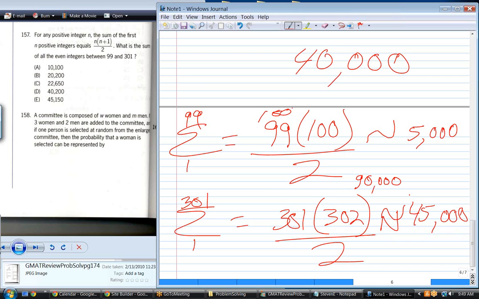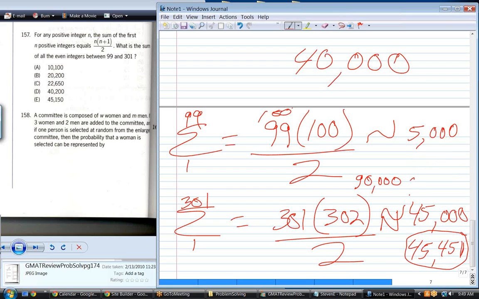So conceivably, if we actually did this math, let me do that math here. 301 times 302 equals 90,902. So this is actually 45,451. And 99 times 100 is 9,900.